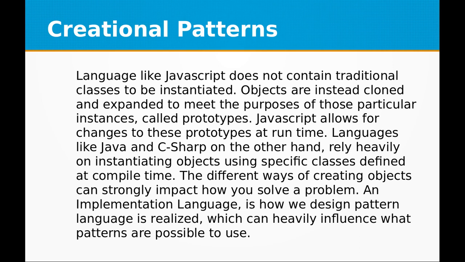Languages like Java and C# on the other hand rely heavily on instantiating objects using specific classes defined at compile time. The different ways of creating objects can strongly impact how you solve a problem. The implementation language is how a design pattern is realized, which can heavily influence what patterns are possible to use.